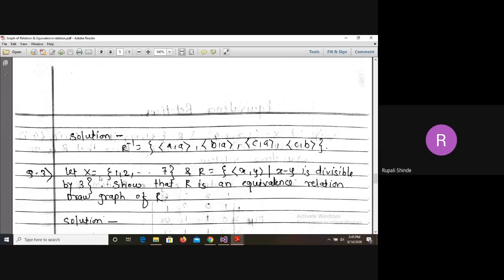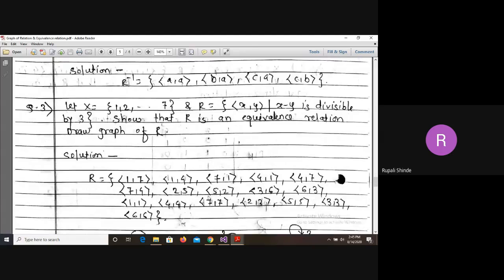Third question. Let X equal the set of elements from 1 to 7 and R equal the set of ordered pairs (x, y) such that x minus y is divisible by 3. Then show that... I think we have covered this question.